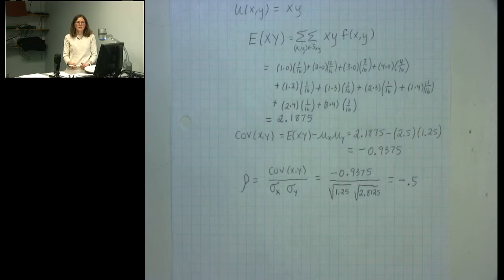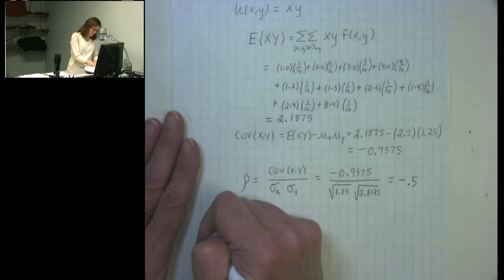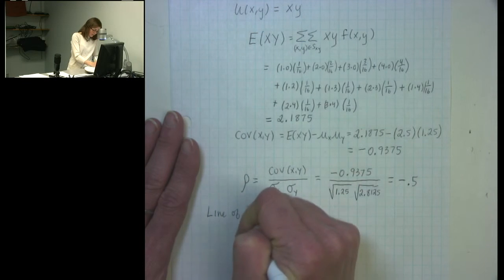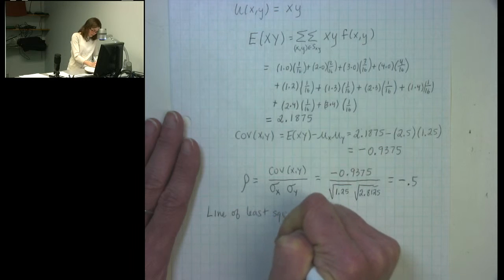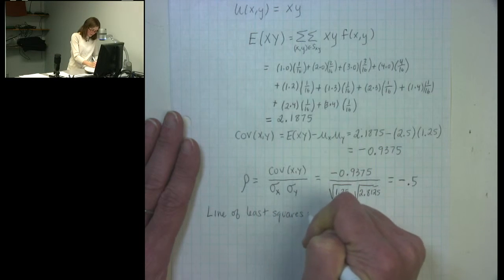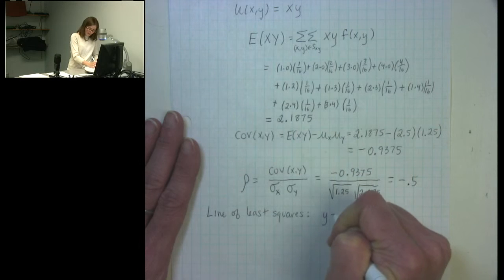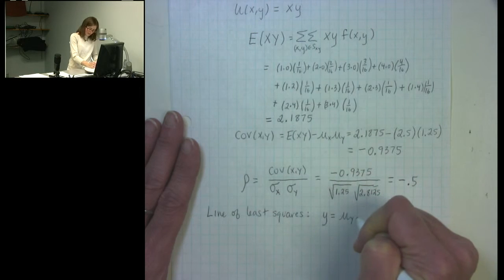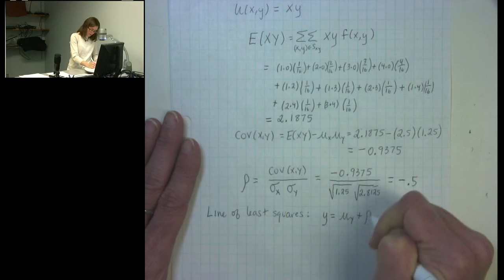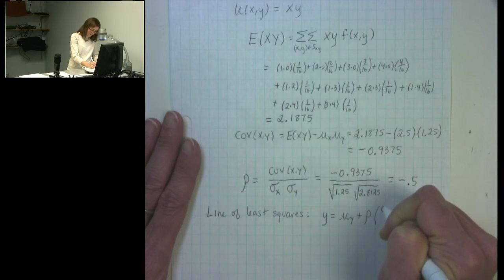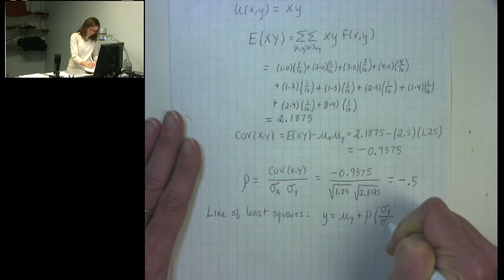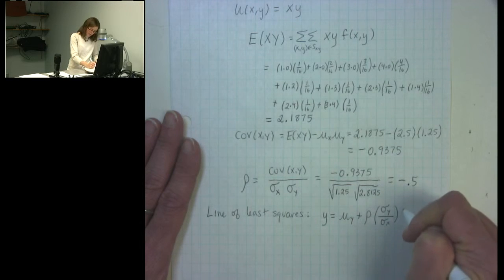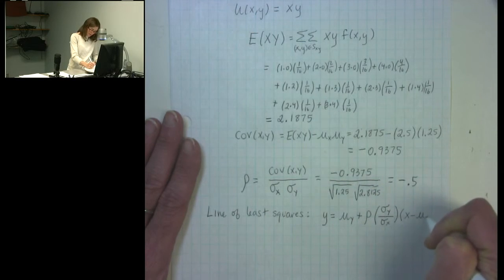Now the very last thing I was going to do is to look at how we can find the least squares line for these values. The line of least squares is given by the formula y equals the mean of y plus the correlation times the standard deviation of y divided by the standard deviation of x, times x minus the mean of x.